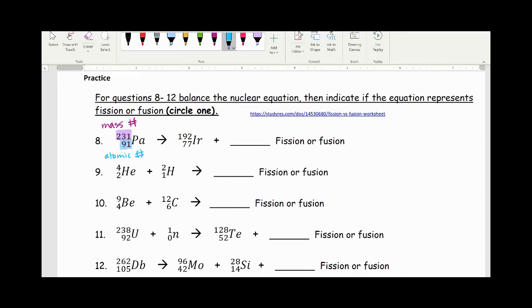And so you'll definitely need your periodic table, because the atomic numbers are what are going to help us identify the elements. So what we have to make sure happens is that the mass numbers on the left have to equal the sum of the mass numbers on the right, and the atomic numbers on the left have to equal the sum of the atomic numbers on the right.